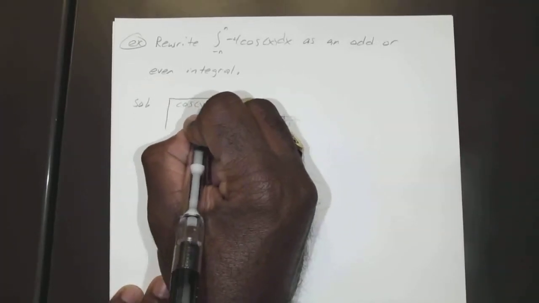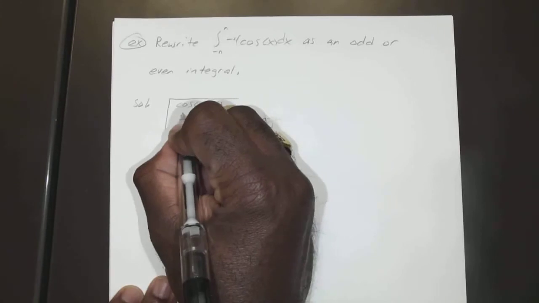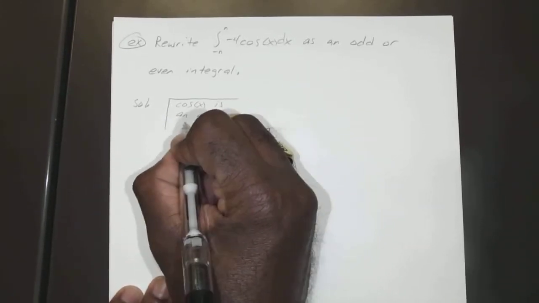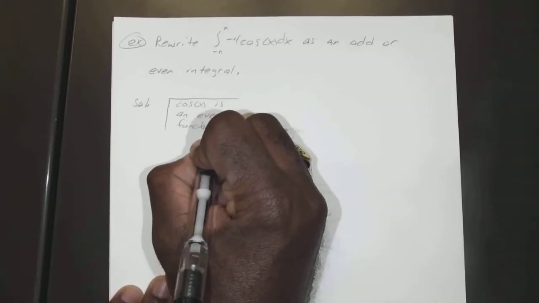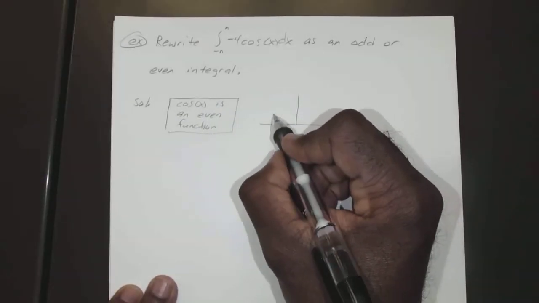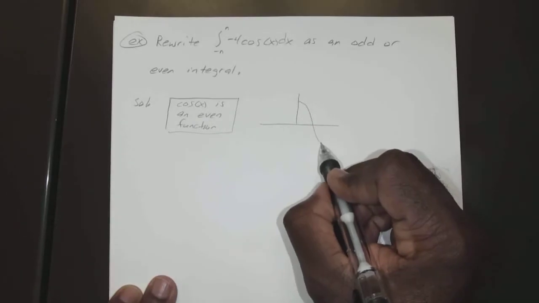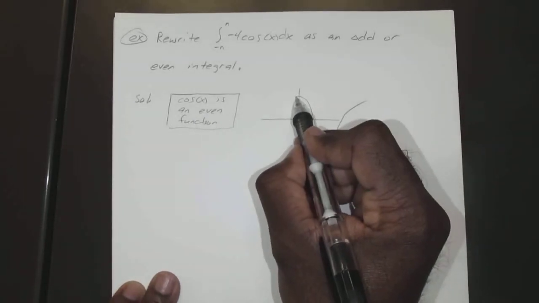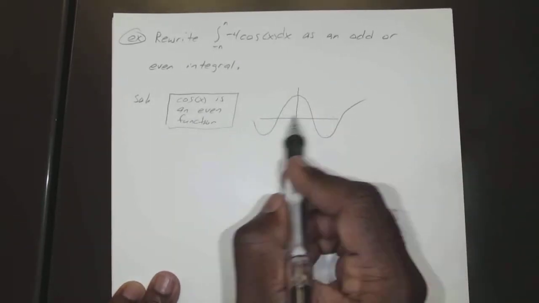So cosine of x is an even function, because if you get the graph of it, it actually looks like that, and then it goes in the exact same way, so it's a mirror image across the y-axis.